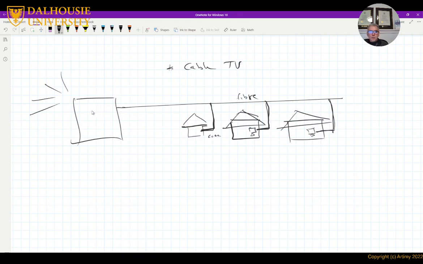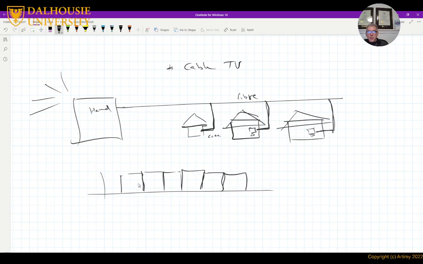So this system sends TV channels, and the signal itself is divided into multiple channels, and each channel will have a different TV station or different TV network.